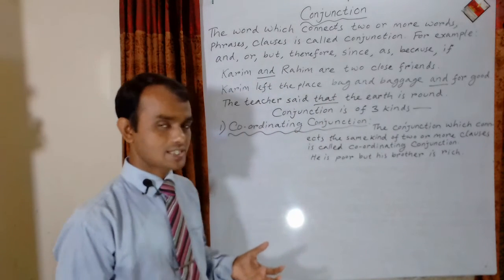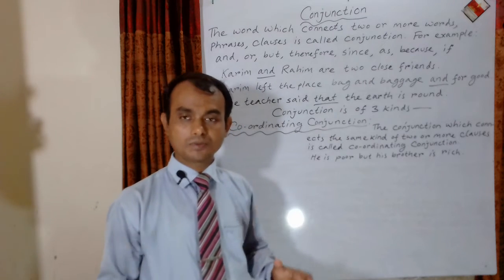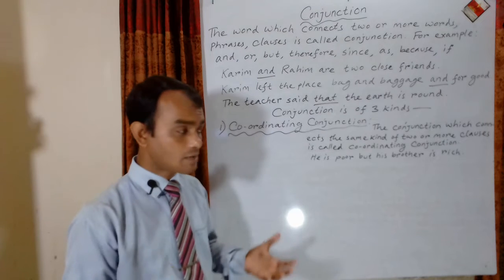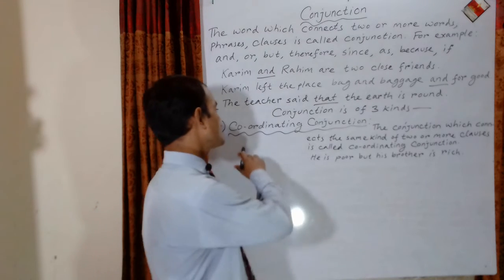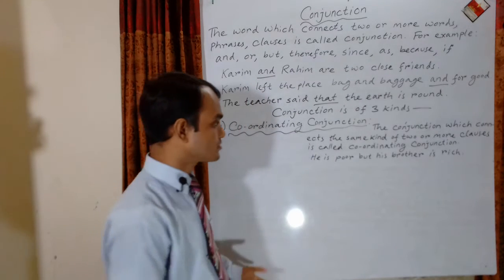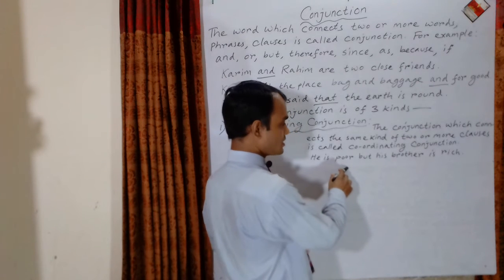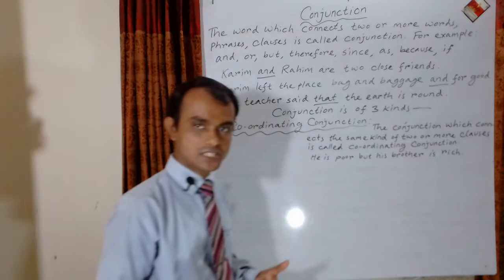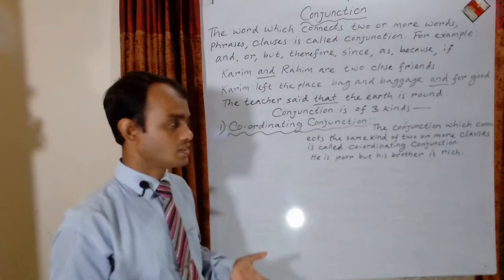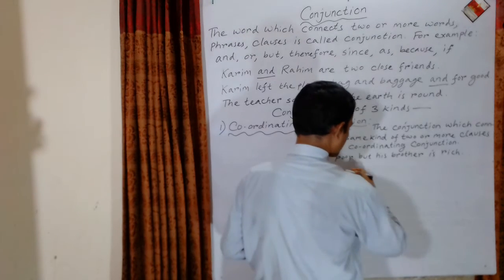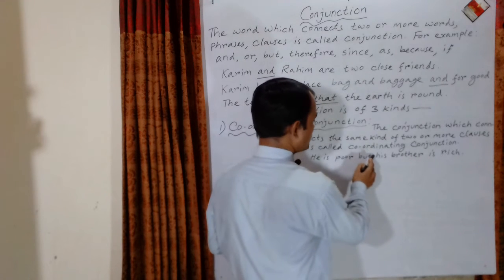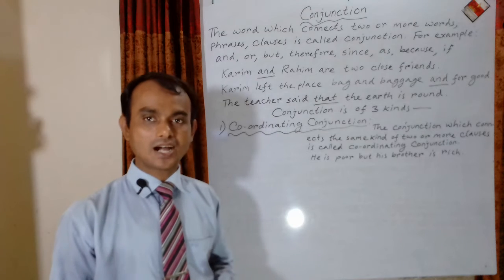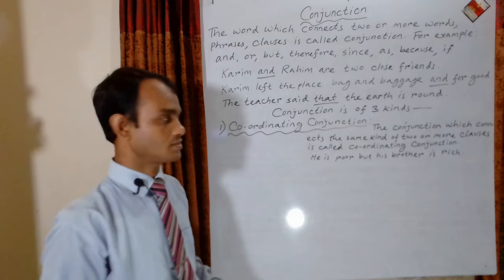These two clauses have been connected with the word but. So this word is a conjunction. What type of conjunction is this? This is a coordinating conjunction because he is poor, this is a principal clause. His brother is rich, this is another principal clause. The same kind of clause. These two same kind of clauses have been connected with the word but. So this conjunction but is a coordinating conjunction.